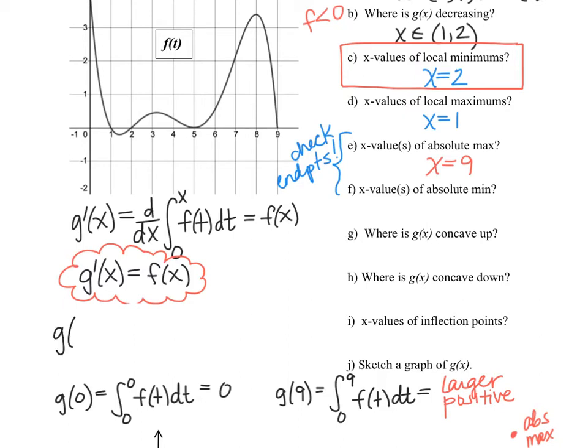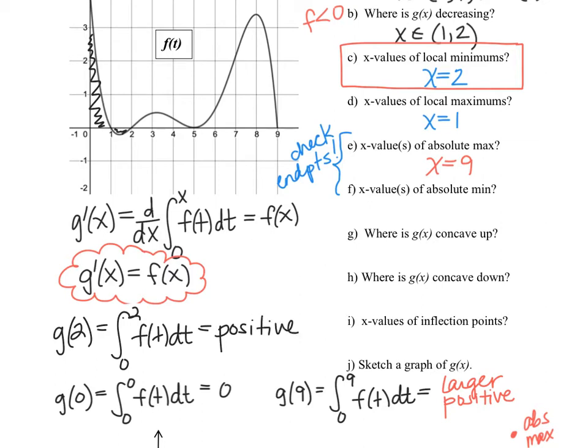Let's compute g of 2 and think about the value at 2. So that's the integral from 0 to 2. And what kind of a number would we get if we generate area starting at 0, so here I am back to shading, and going all the way to 2? Is this going to be a positive or a negative number? Because the area above the x-axis is much larger than the area below the x-axis from 0 to 2, we know that this is going to be a positive number.